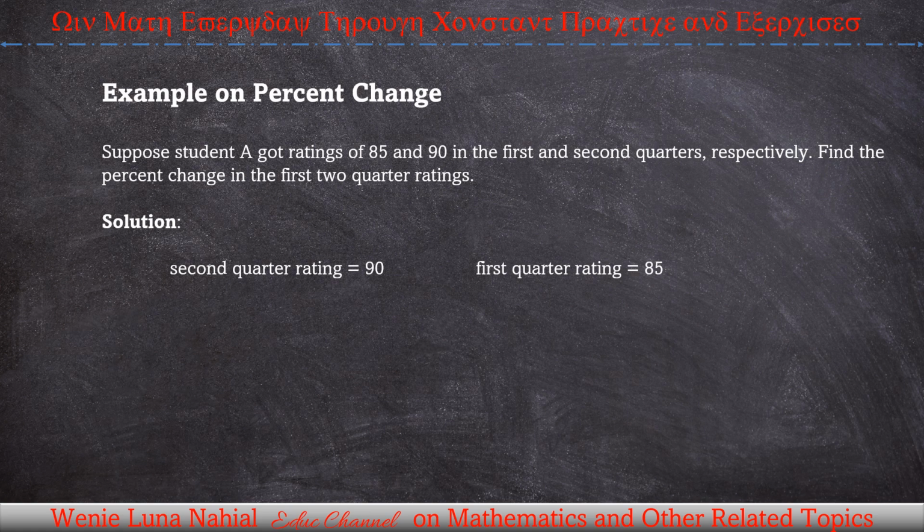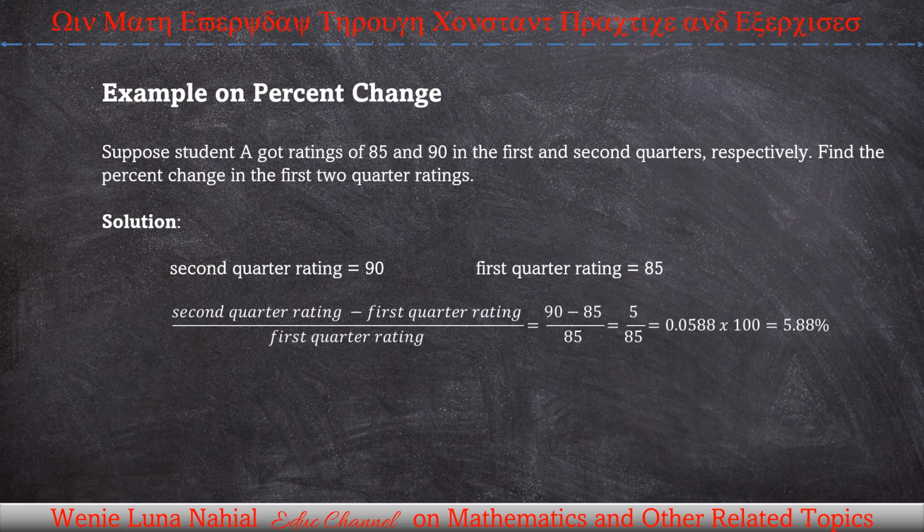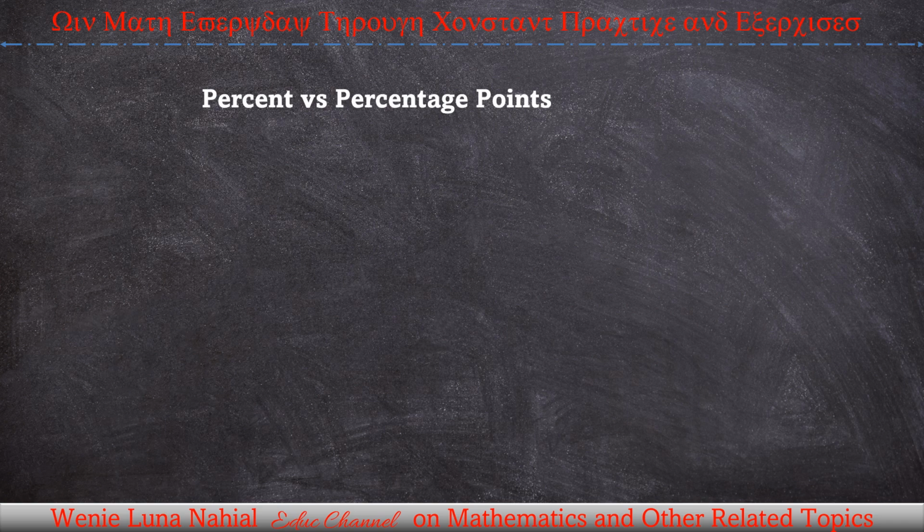So, the new rating is higher than the previous rating. So we have 90 minus 85 all over 85. So you have 5 over 85. That is 0.0588 times 100. You have 5.88%. So there's a percent increase.